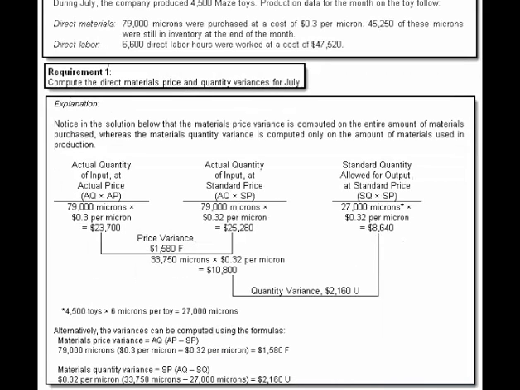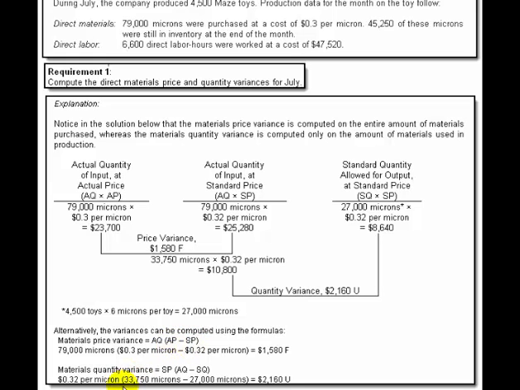Okay, now if you want to see an alternate way to solve this one, you could do it this way. You can take the 79,000 purchased microns and compare it to the 30 cents that we actually paid per micron to the 32 cents, and that'll give you a favorable variance of 1,580, because what we're taking is the actual quantity times the difference between the actual price and the standard price.